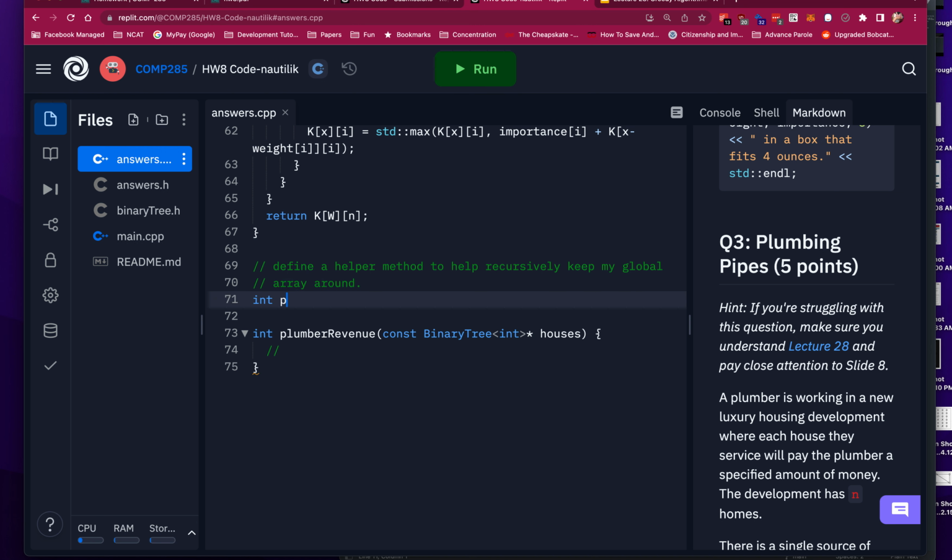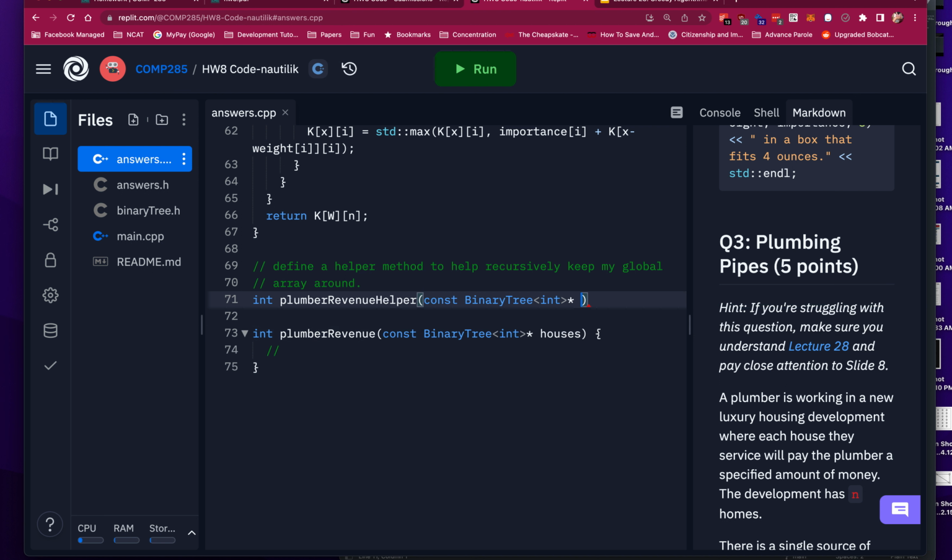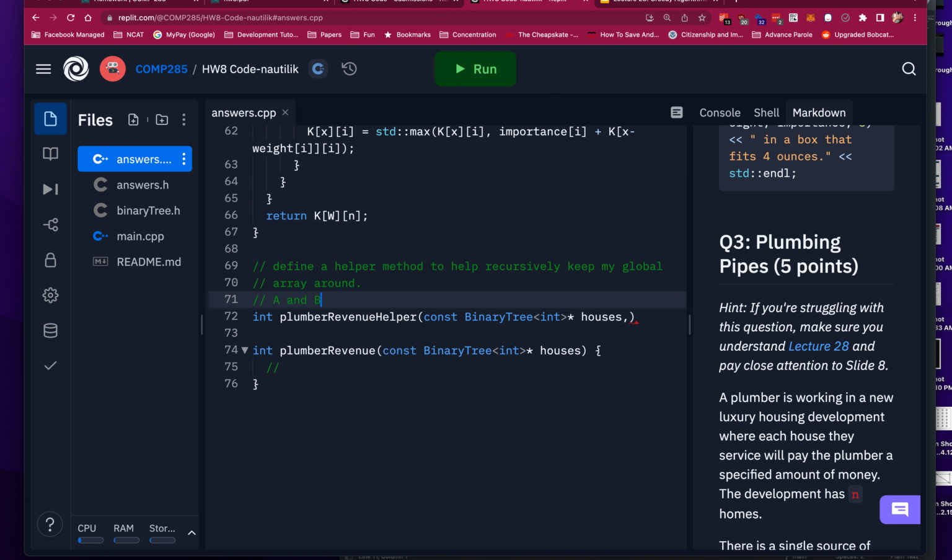Okay, so I'm going to define a helper method called plumber revenue helper. That's going to take a binary tree pointer called houses. And my arrays A and B, in this case, I'm going to make them maps. Because you have a tree, it's a little hard to think about how you number the elements in the tree, right?